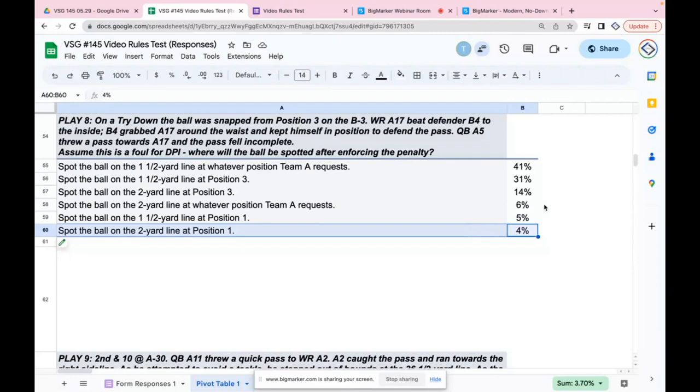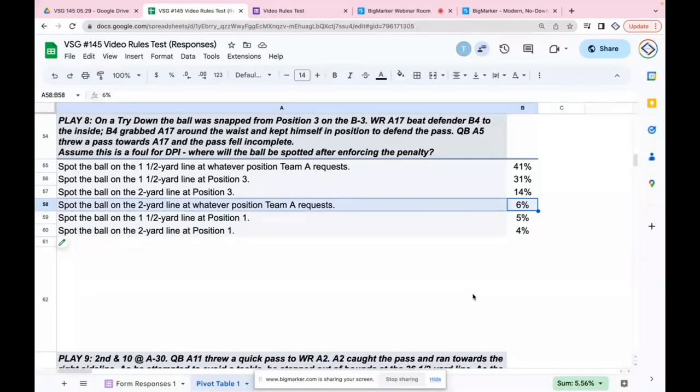So 6%. Go ahead. Well, hang on a second. Never mind, I'll talk about that later. Let's go. 6% said what? 2-yard line, and then if team A wants to move it, they can move it. Oh, we ain't doing the 2-yard line at all. So the 2-yard line is out. Okay, so the 24% of you, thank you for playing.